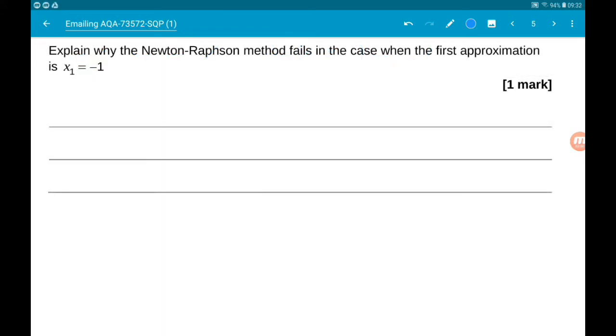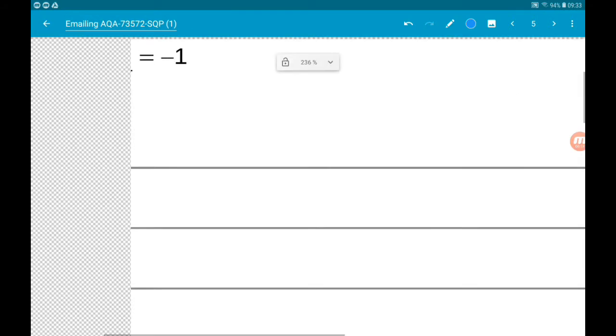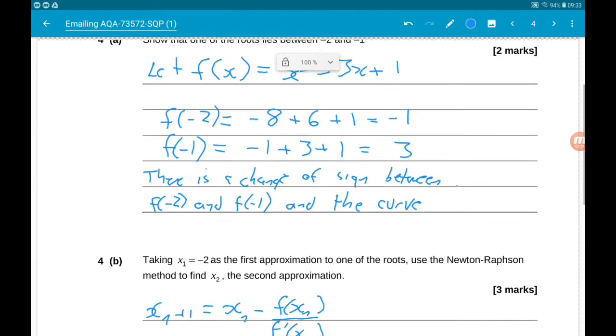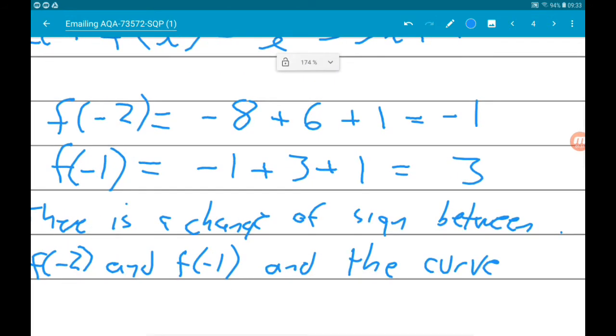Okay, then part C asks us to explain why the Newton-Raphson method fails if the first approximation x1 is minus 1. So let's see what would happen. So if x1 is minus 1, we know that f of x1, we just worked it out, f of minus 1 is 3.